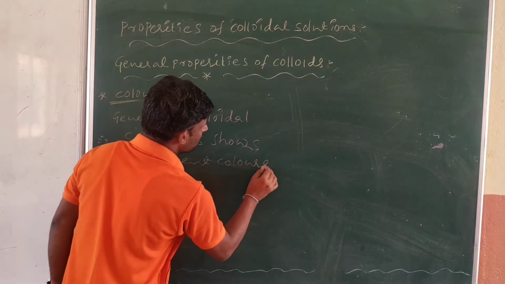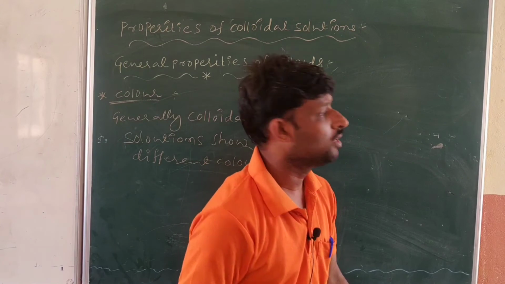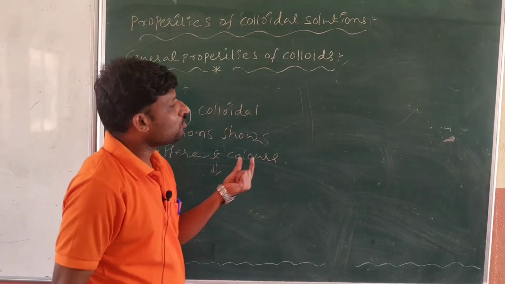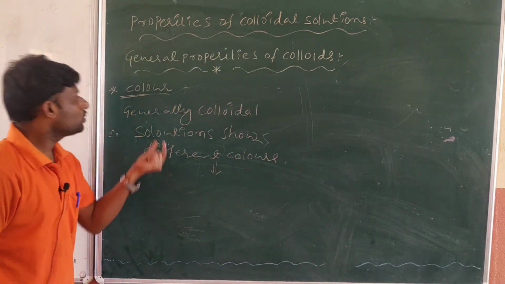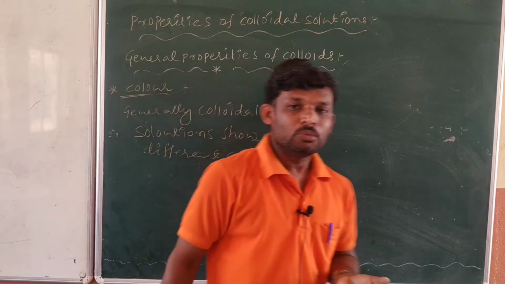Why do different colloidal solutions show different colors? This is due to the particles having a particular wavelength. When we send light through these particles, they may scatter it.